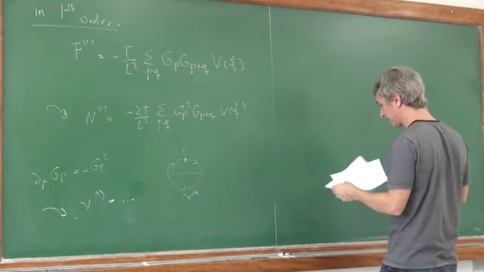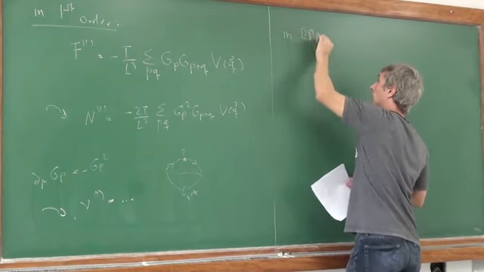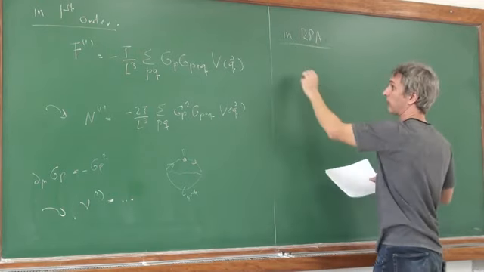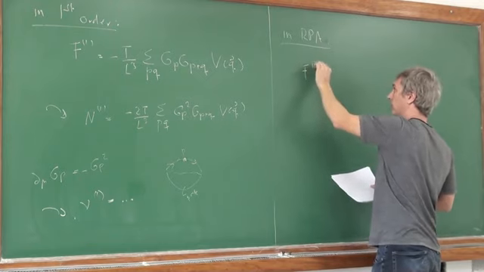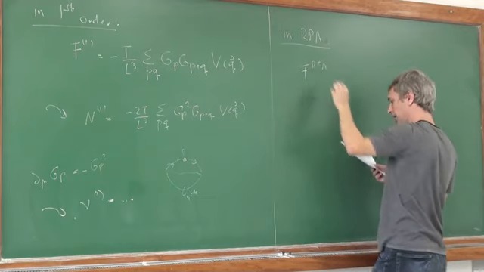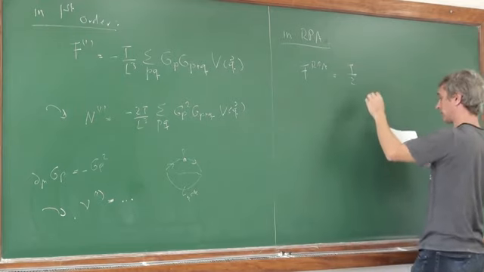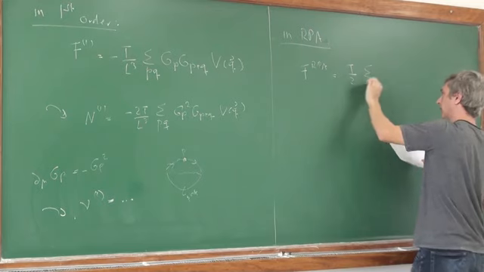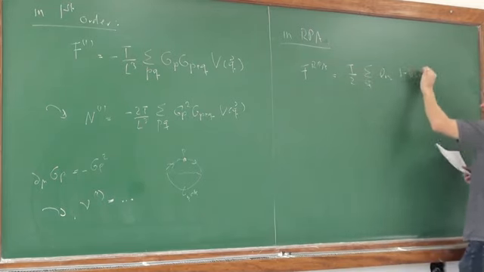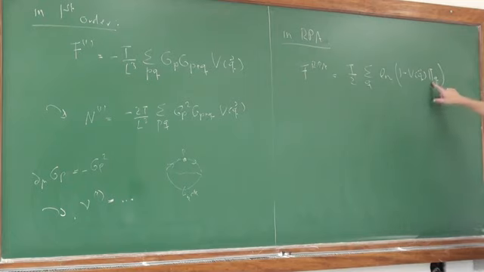So in RPA, what we start out from is the free energy that is written on the right hand side, and I just repeat here the RPA, T half, where this is a polarization operator.